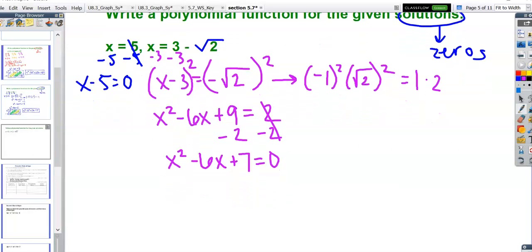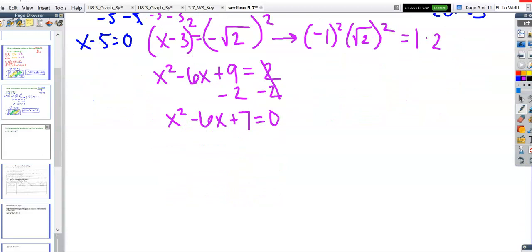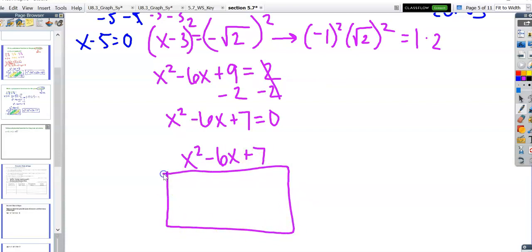And now we have two polynomials that we can multiply together. X squared minus 6x plus 7. Multiply that times x minus 5. Multiply all the terms.